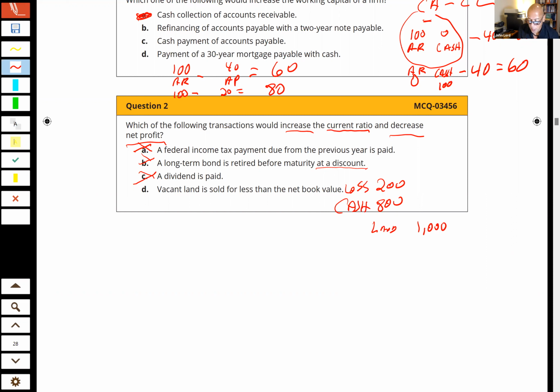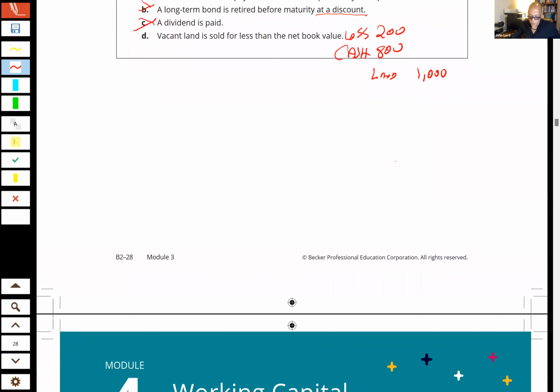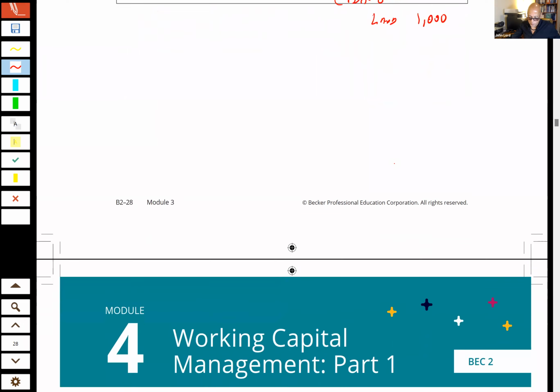So the analysis really is more on the balance sheet part of that transaction than the income statement part. Okay, good. Now I don't know that I can necessarily tell for sure if that was a gain or not.